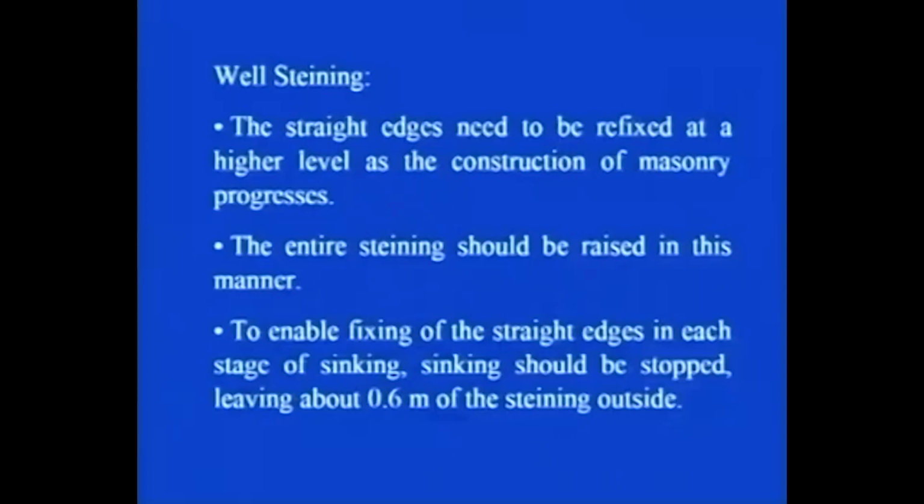The straight edges need to be refixed at a higher level as the construction of masonry progresses. Let us say that in the first go you have fixed 1.5 to 2 meter long straight edges.